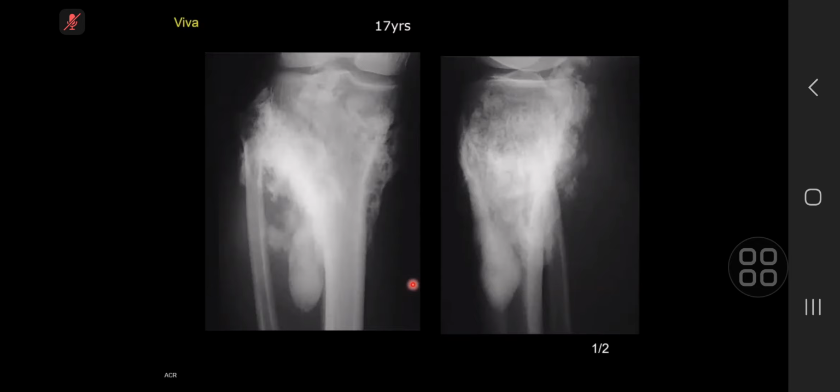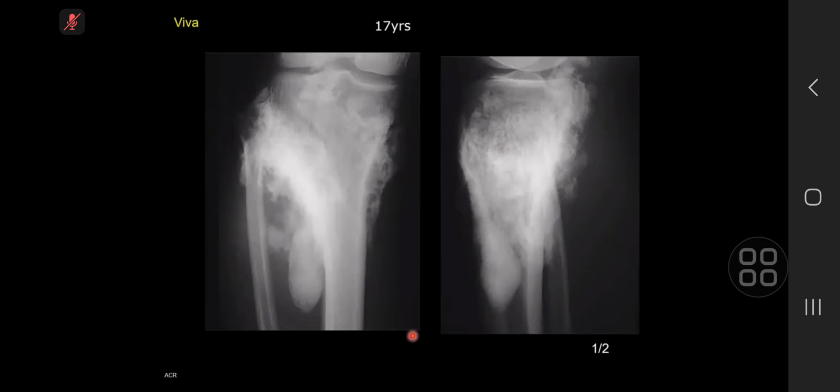Frontal and lateral radiographs of the knee and proximal calf of a 17-year-old patient. There's a gross abnormality which appears to be centered on the proximal tibial metaphysis, but is extending outside the bone with dense osseous, dense calcification.